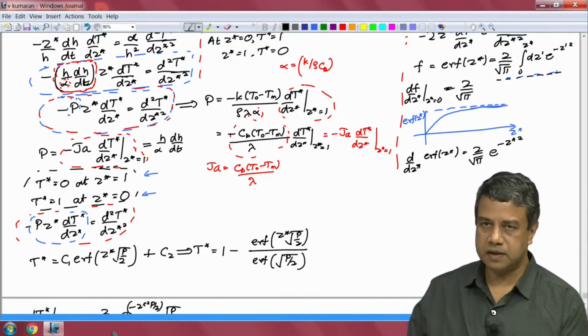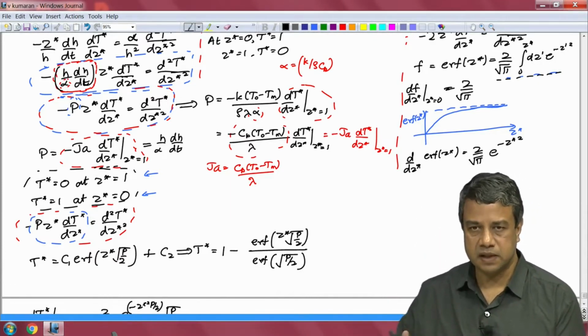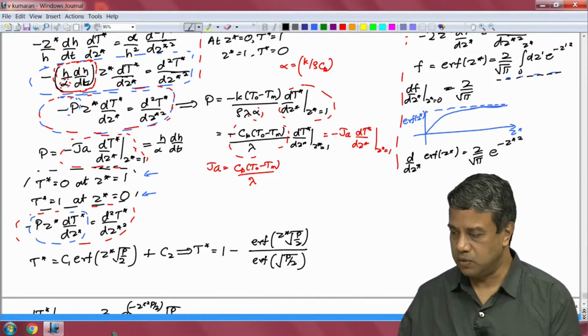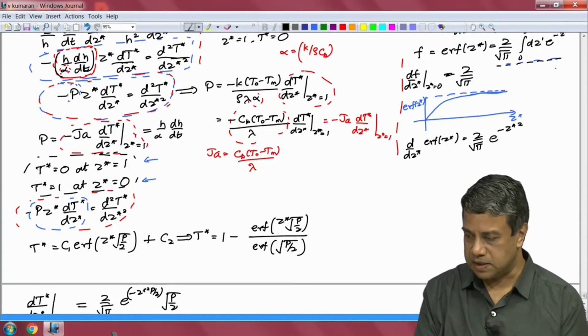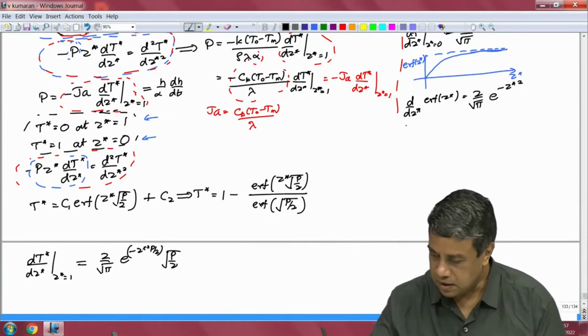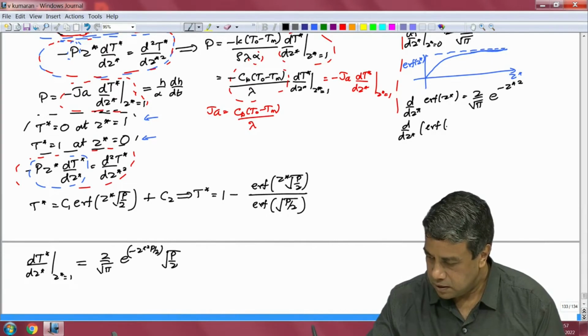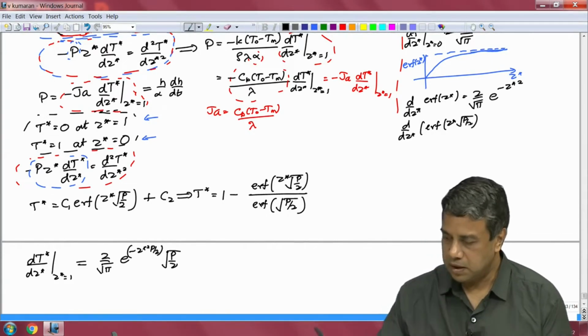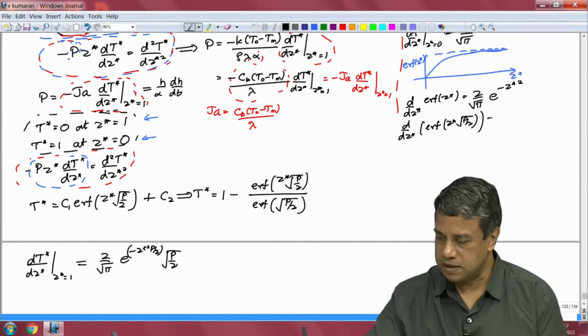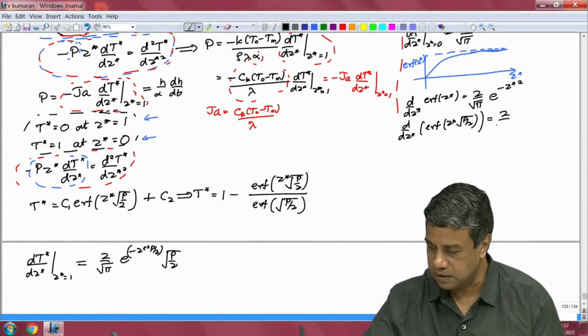If I take the derivative of an integral, I get the value of the integrand. So, I get 2 by root pi times e power minus z star square. When I take d by dz star of error function of z star root p by 2 and I use chain rule for differentiation, I will just get a factor of root of p by 2 here, 2 by root pi.